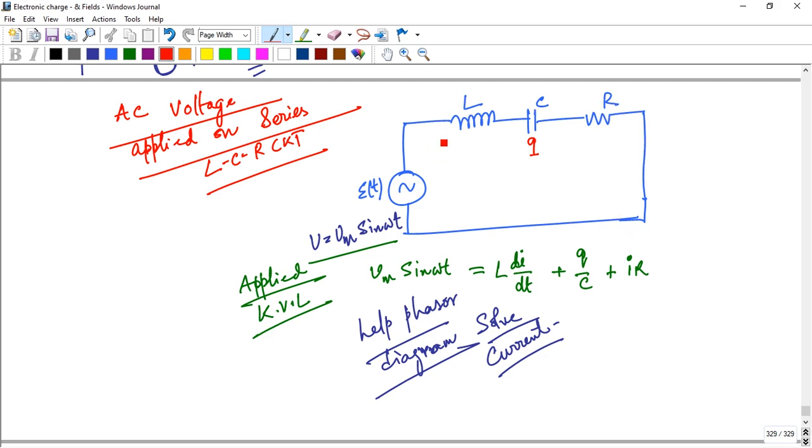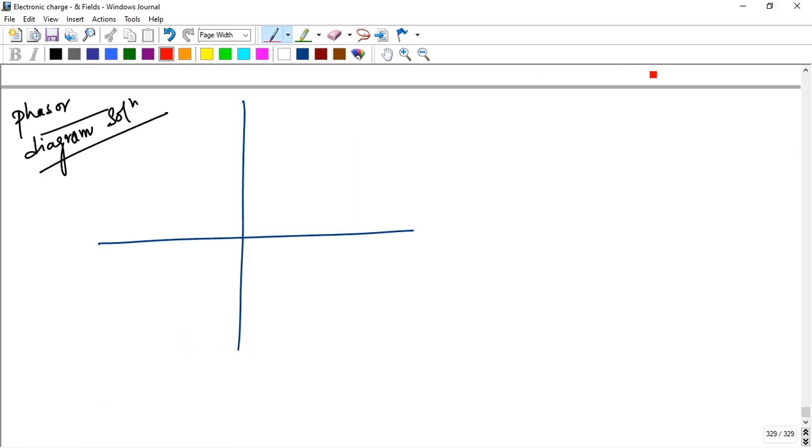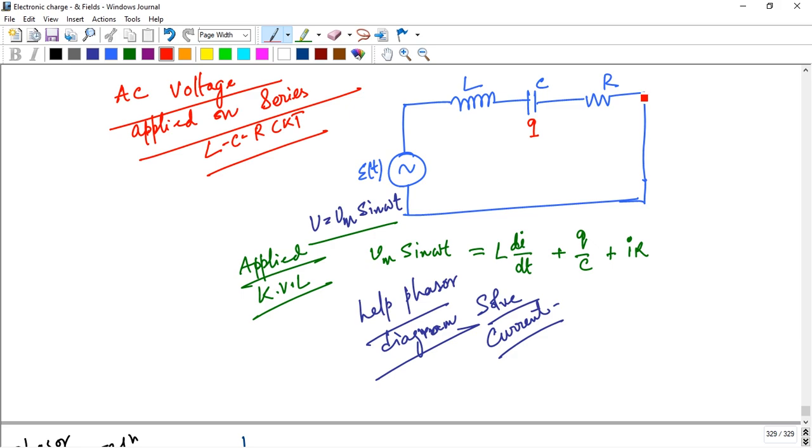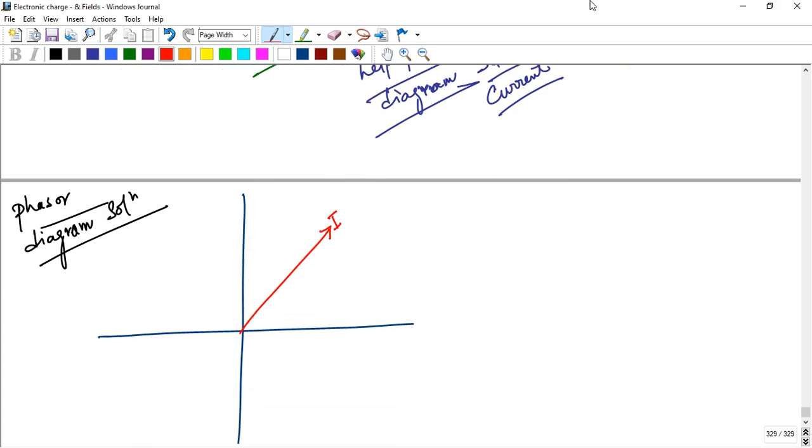That's why the current in series is the same. There is a single current here, but the potential will be different.